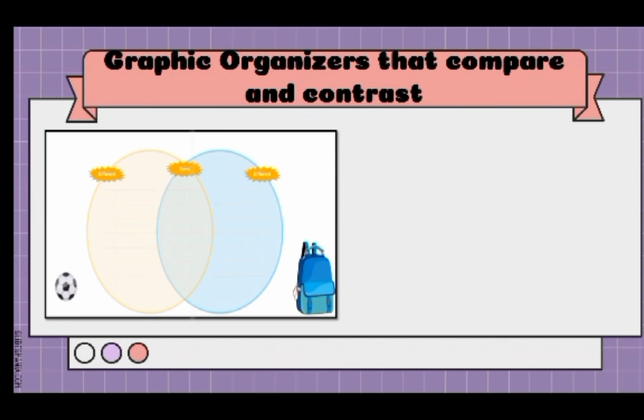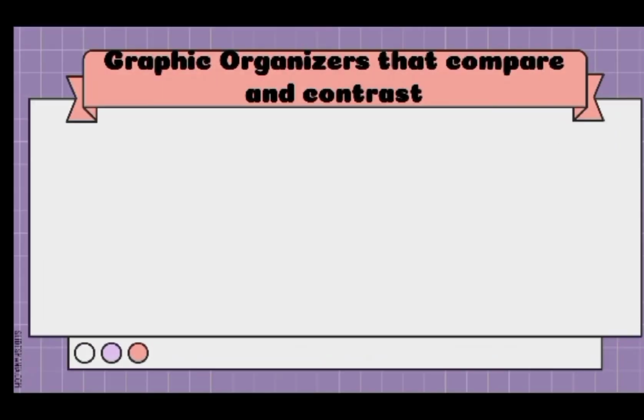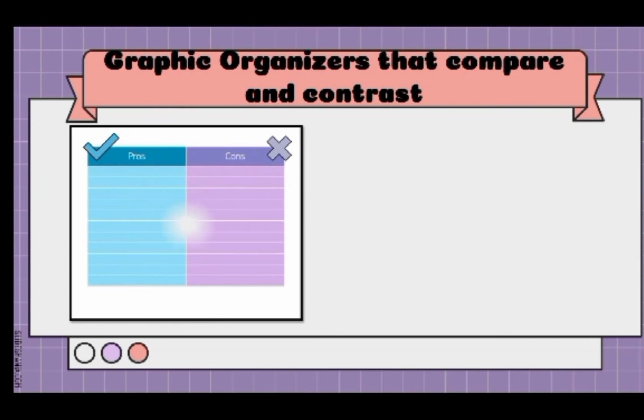On the middle part, or the overlapping circles, are their similarities. And that is the Venn diagram. And I believe that you already use a Venn diagram in your other subjects in explaining the similarities and differences of concepts or ideas. We also have the T-chart.